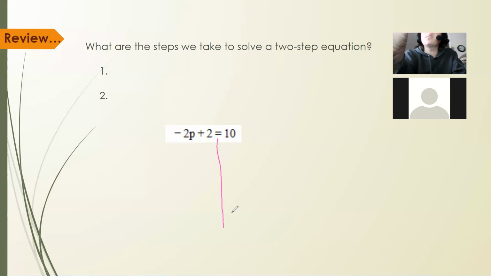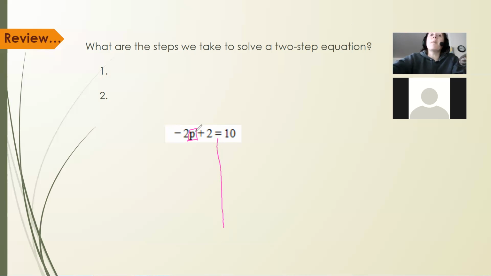So remember we talked about drawing a line down the equal sign and identifying your variable. Which of those numbers would I get rid of first? The 2, right, the positive 2, very good.